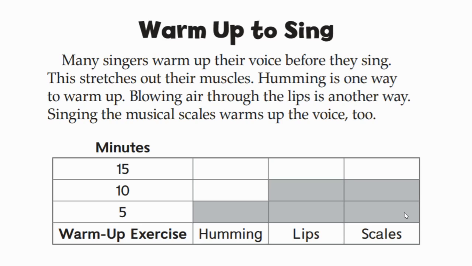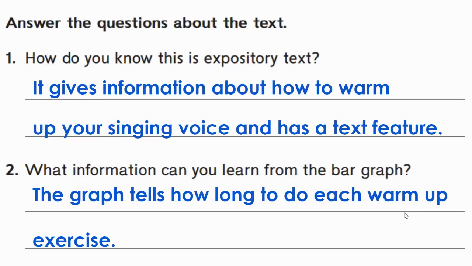So the information you are learning from this graph is how long you should do each warm-up exercise. Does that sound right, second graders? I think so. My sentence reads, the graph tells how long to do each warm-up exercise. Press pause and play again when you're ready to continue.